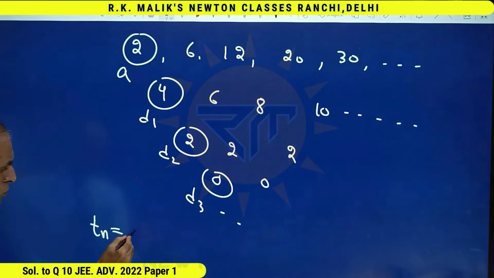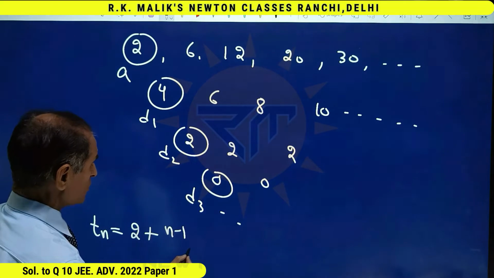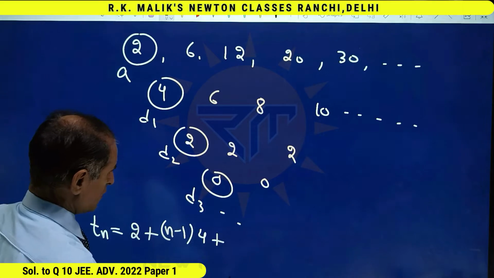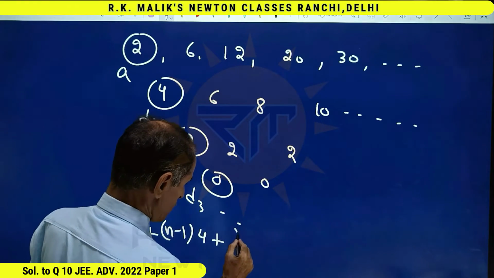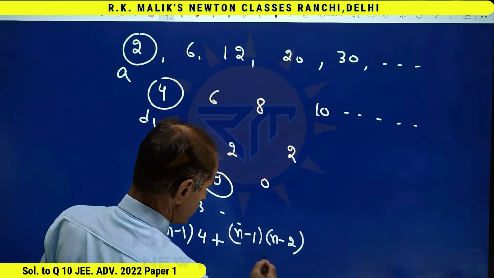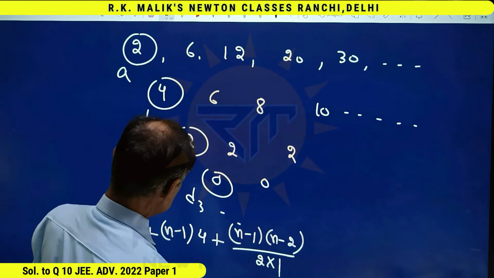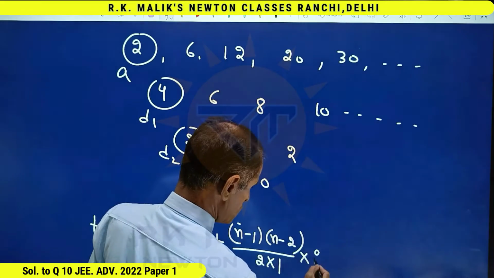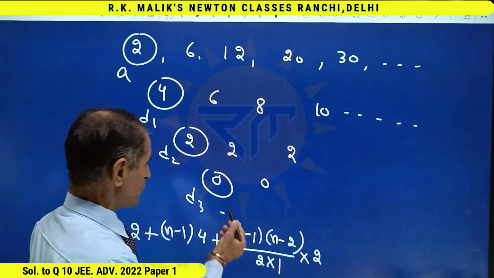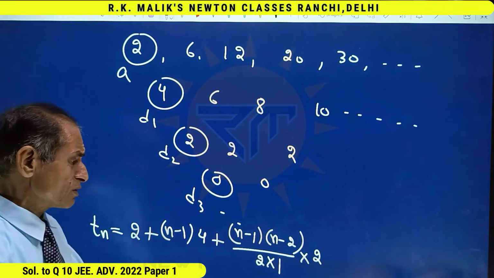Tn will be equal to 2 plus n minus 1 C1, that is n minus 1, into D1 which is 4, plus n minus 1 C2, that is n minus 1 into n minus 2 by 2 into 1, into D2, D2 is 2, and further it is not required to write because D3, D4 etc. are going to be 0.